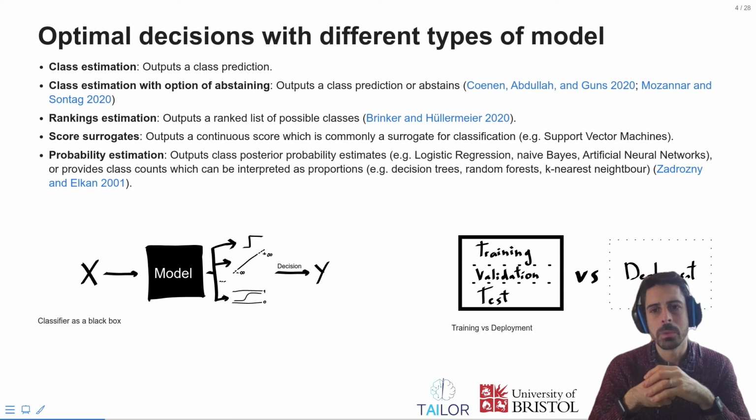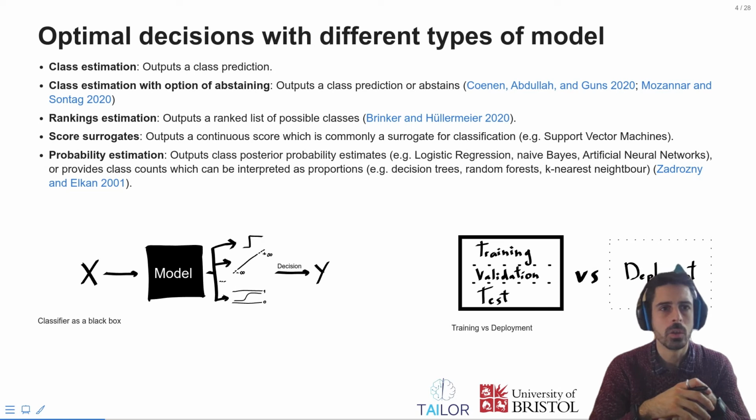What this means is also that the costs may change over time, and the optimal decision may change consequently. Similarly, if there are changes on the class priors, those predictions can also be adjusted.